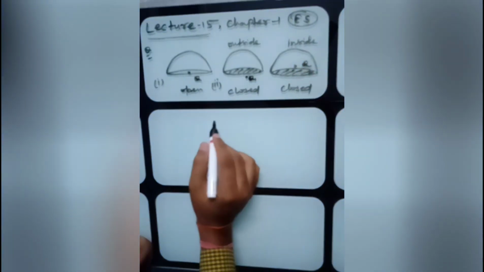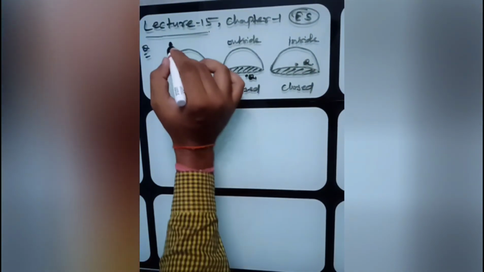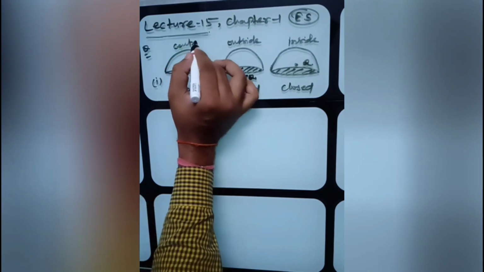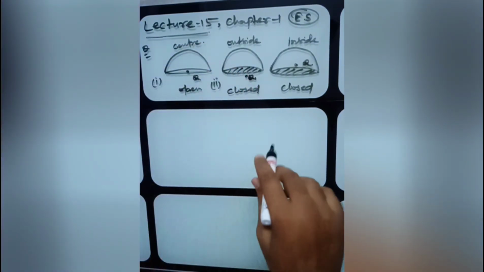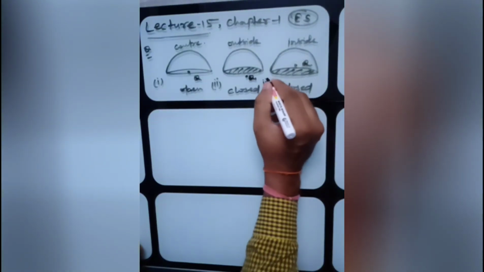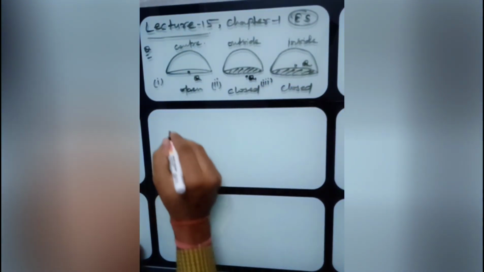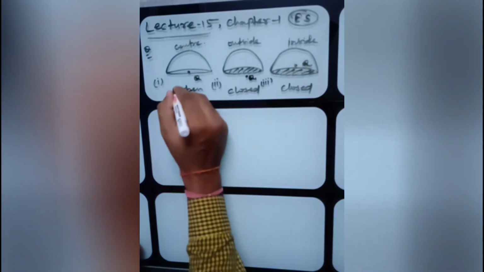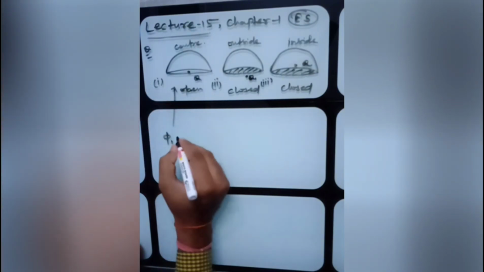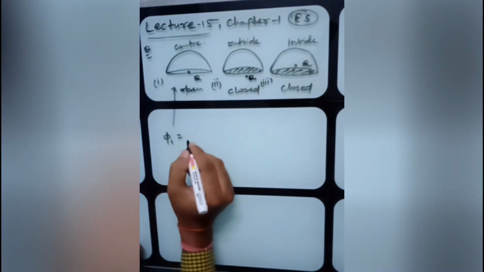And it is open, and the charge is placed at the center. You have to find the flux for each of the cases 1, 2 and 3. Okay, in each case. So in the first case, the flux will be how much?